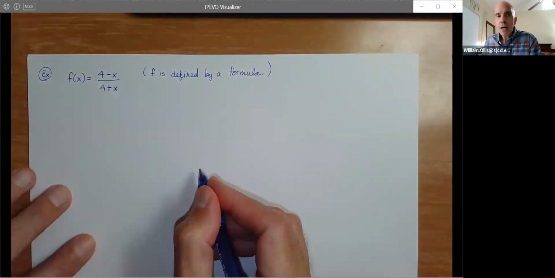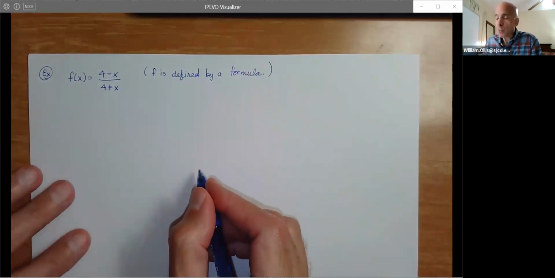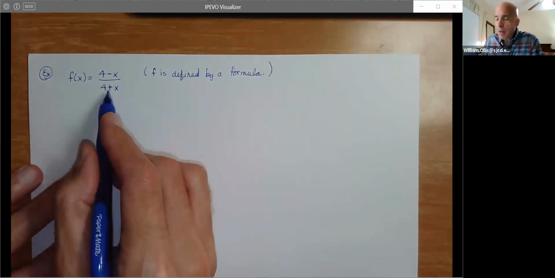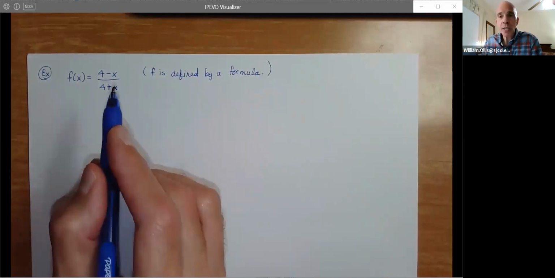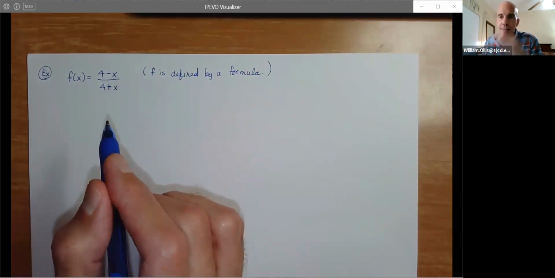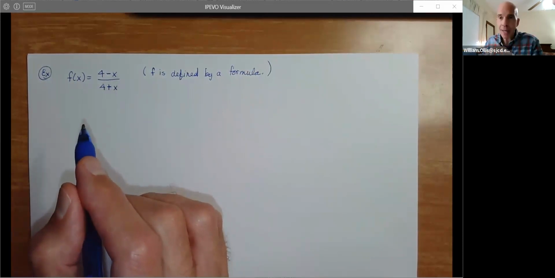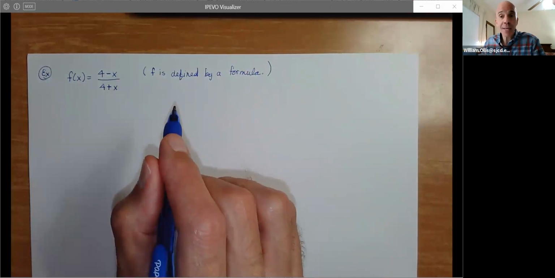Now, when it comes to real valued functions of a real variable, the computation of the domain is usually reasonable. In most cases in this class, if I ask you to compute a domain, you will be able to compute it. The range may or may not be simple.